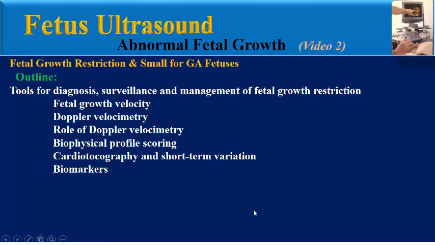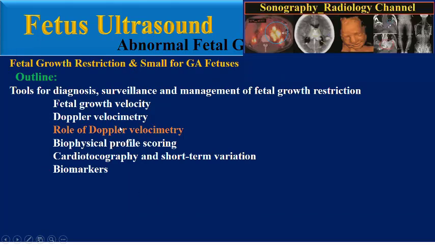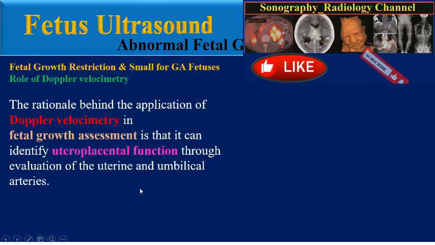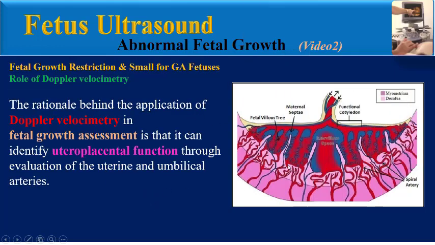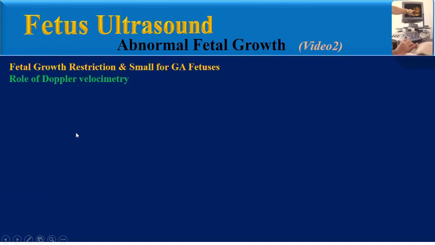What is the role of Doppler velocimetry in diagnosis of FGR and small for gestational age fetuses? The rationale behind the application of Doppler velocimetry in fetal growth assessment is that it can identify uteroplacental function through evaluation of the uterine and umbilical arteries.